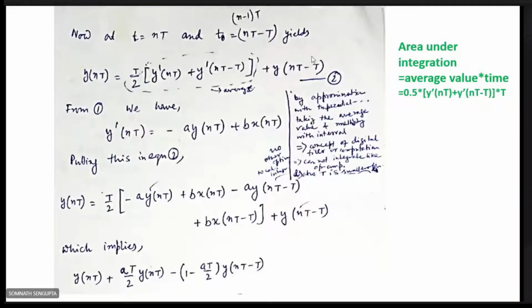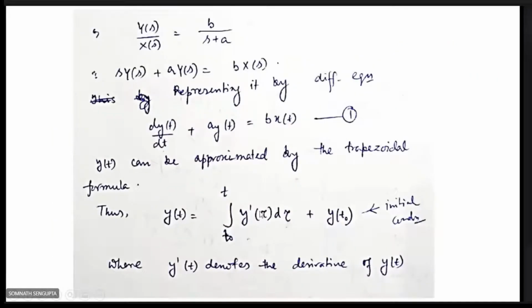So the trapezoidal method is what? Suppose we have the differentiation, that y dash t, okay, y dash t.